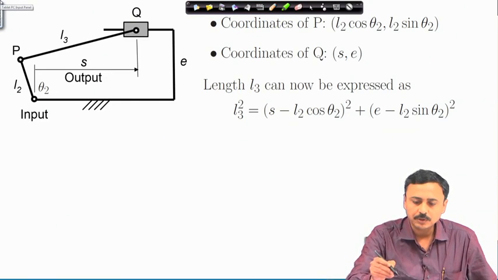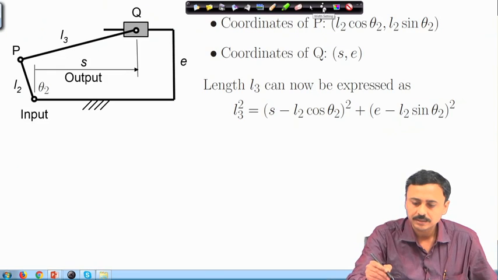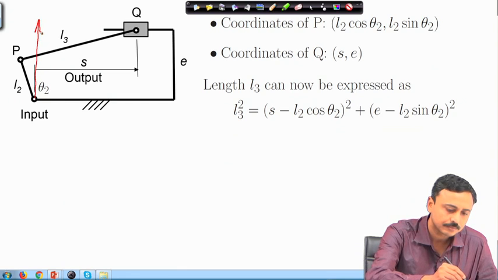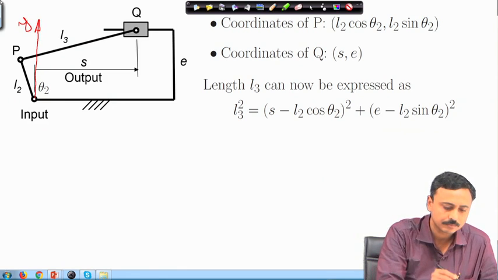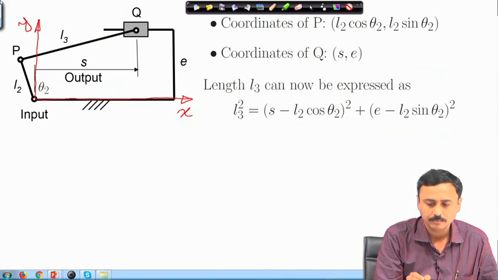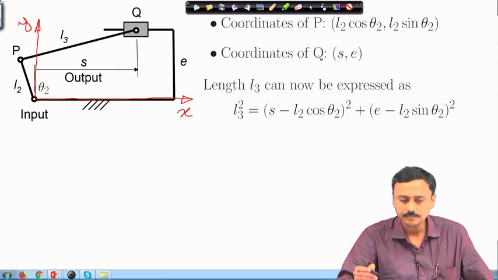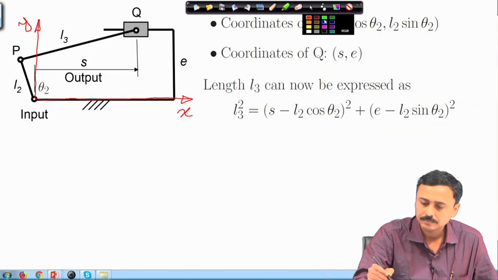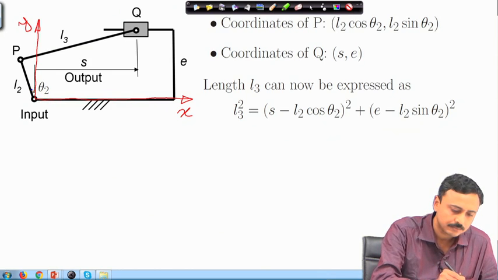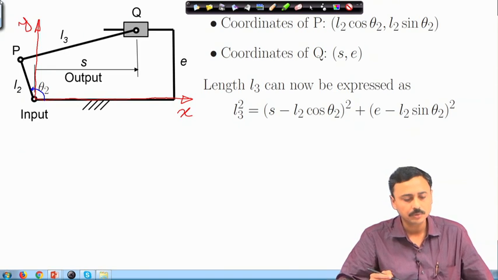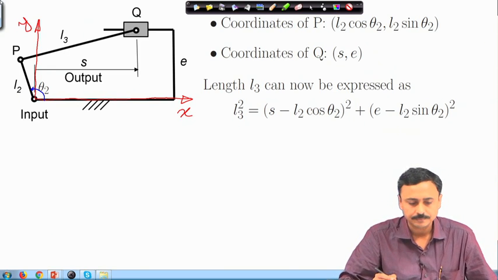As we have discussed before, we consider a coordinate system. Theta 2 is the angle made by the link L2 with the x axis.